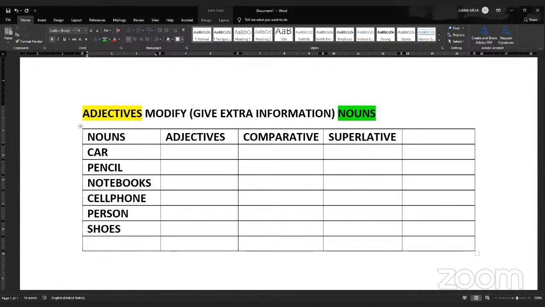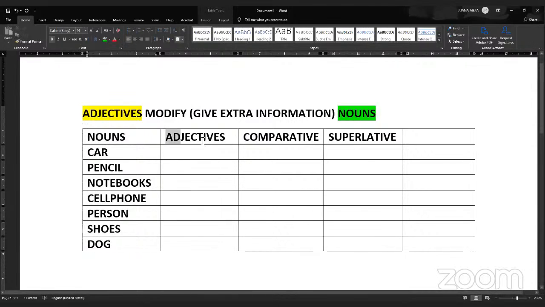Shoes. And another animal, a dog. The first column, as you can see, is nouns. I repeat, nouns: people, animals, or objects. Remember that nouns can be singular, plural, countable, or uncountable.